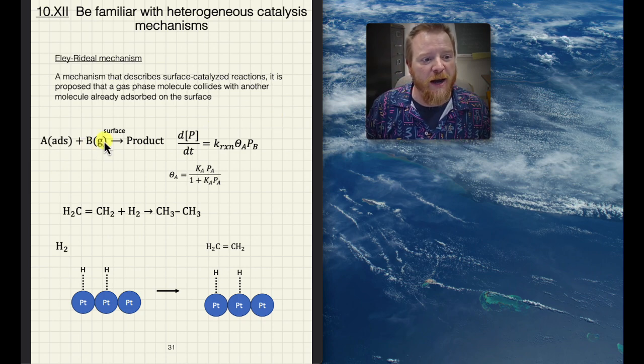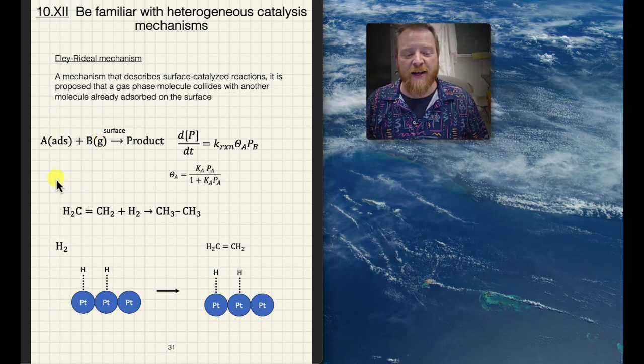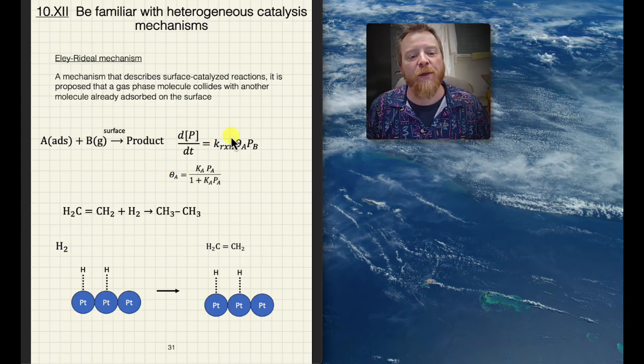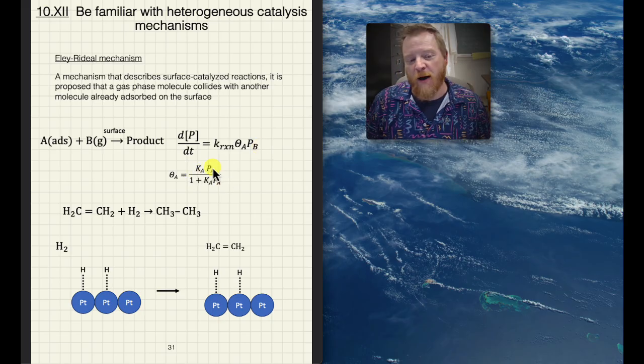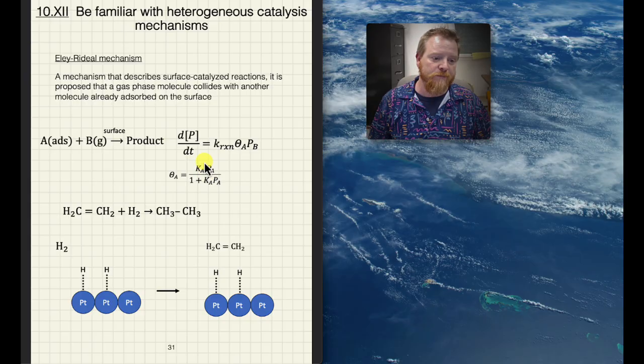In other words, a B molecule that's free in the gas phase collides with something that's already adsorbed. While the rate depends on the surface coverage of A, with respect to the other molecule B, it only depends on its partial pressure. And thus theta A, the monolayer of A, is described in the same way as the Langmuir isotherm.